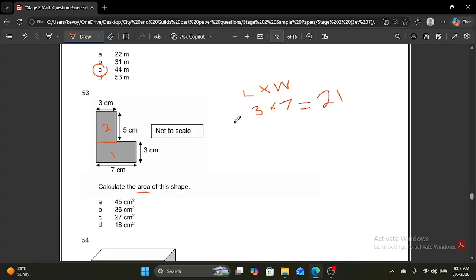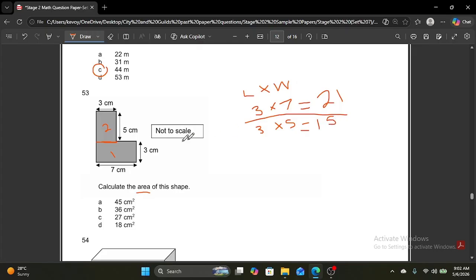Alright, and now for the second rectangle, length times width, that will be 3 times 5. 3 times 5 is equal to 15. So 15.